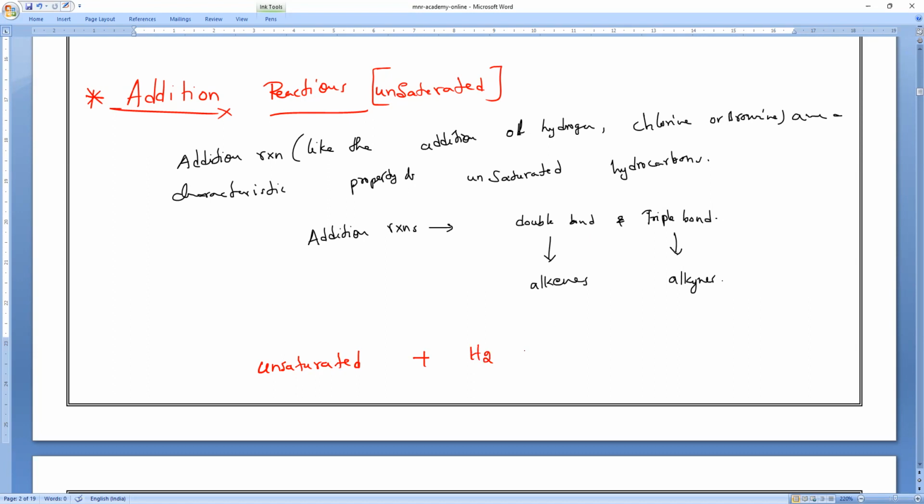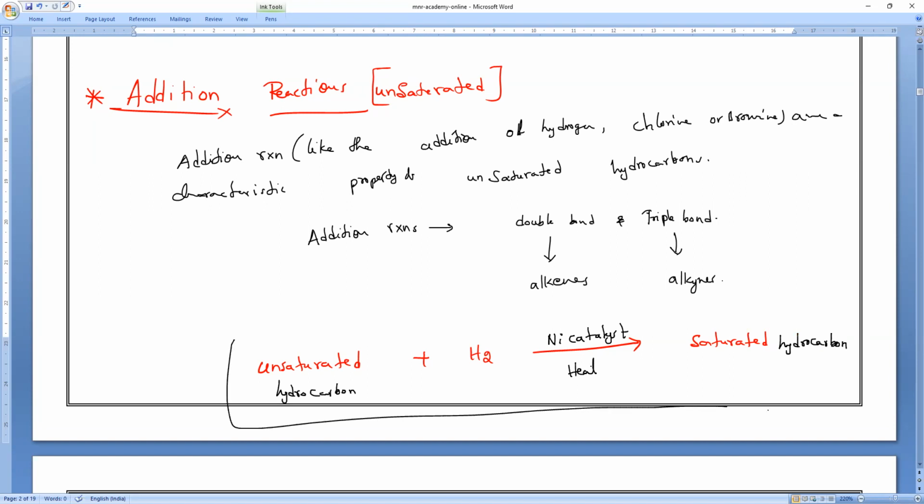For class 10th we have only hydrogen. Unsaturated hydrocarbon, by adding hydrogen in the presence of nickel as a catalyst, and heat also, is converted into saturated hydrocarbons. That is what we call addition reactions.